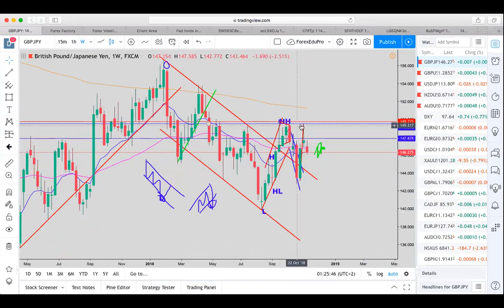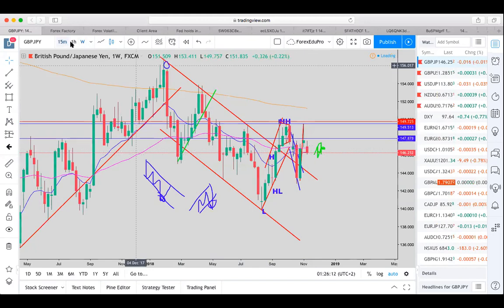It's made a double top, so it's bearish. From a structural perspective, we're not looking at the break out of this and looking to take the buy on the higher low. We're going to be zooming in on a lower time frame and looking for alternative opportunities in terms of structure.